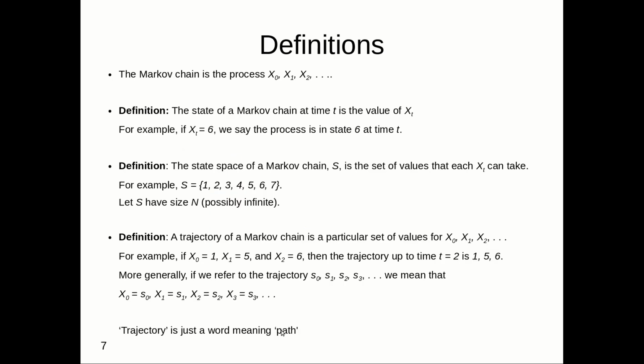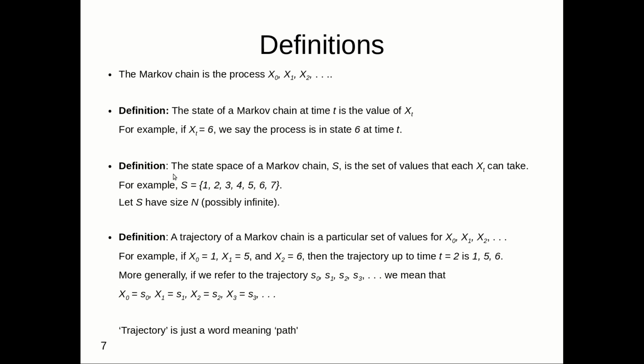Unfortunately, we'll have to start with a couple of definitions. The Markov chain is this process x0, x1, x2, and the state of a Markov chain at time t is the value of xt. For example, if xt equals 6, we say that the process is in state 6 at time t.